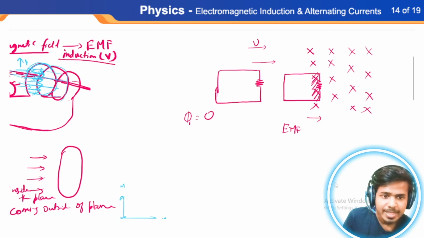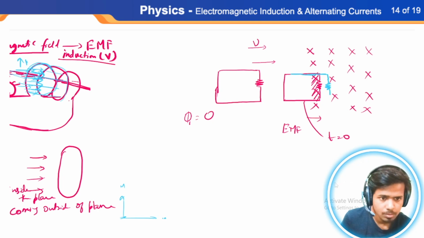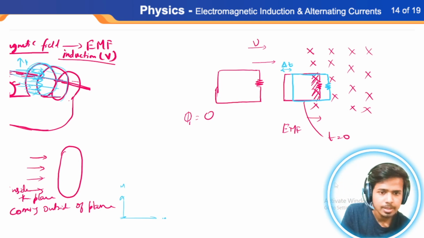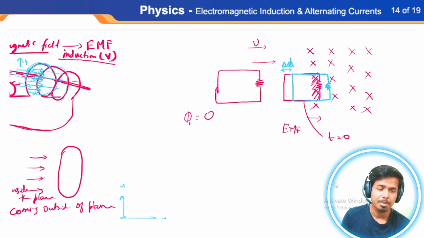Now this is at, let's say, time equal to 0, and there is another condition that I'm drawing here. This is the same coil, but it has covered a little distance in delta time t. This is the distance covered, delta d, in delta time t.